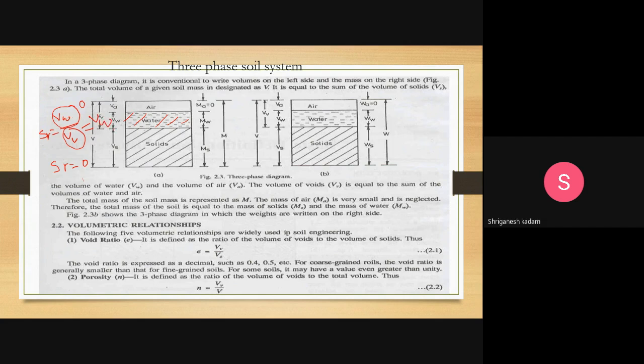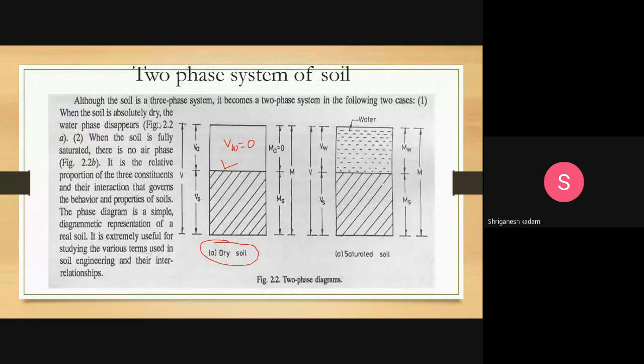when this volume of void is equal to volume of water. Okay, so we can write then volume of water divided by volume of water, so it becomes equal to 1. SR equal to Vw upon Vw, that is equal to 1. So see this condition here, whatever be the volume of void, so this is the volume of void. Okay, this is the volume of soil solid, but here volume of void equal to volume of water.